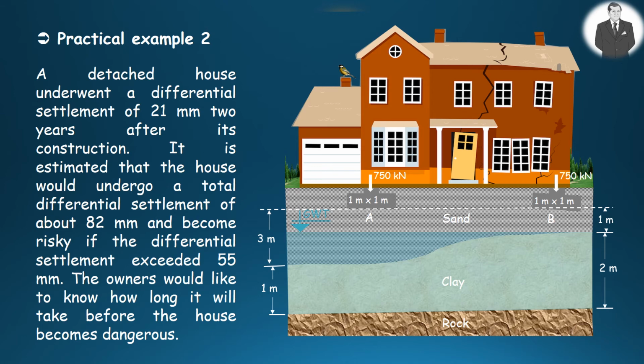It is figured out that the house would undergo a total differential settlement of about 82 millimeter and become risky if the differential settlement exceeded 55 millimeter. Therefore, the owner would like to know how long it will take before the house poses a risk.